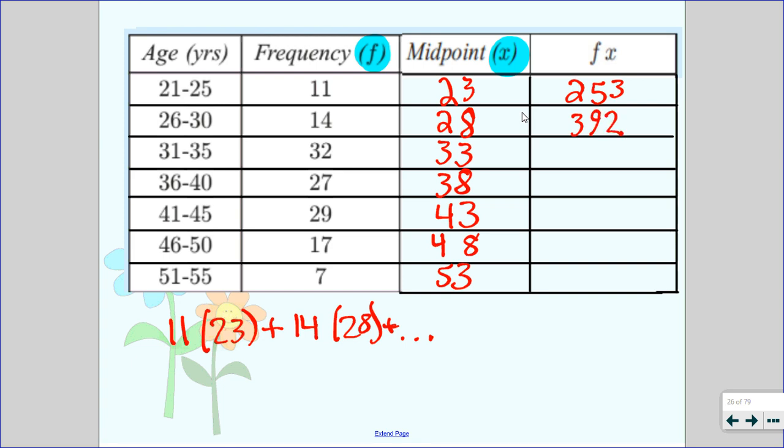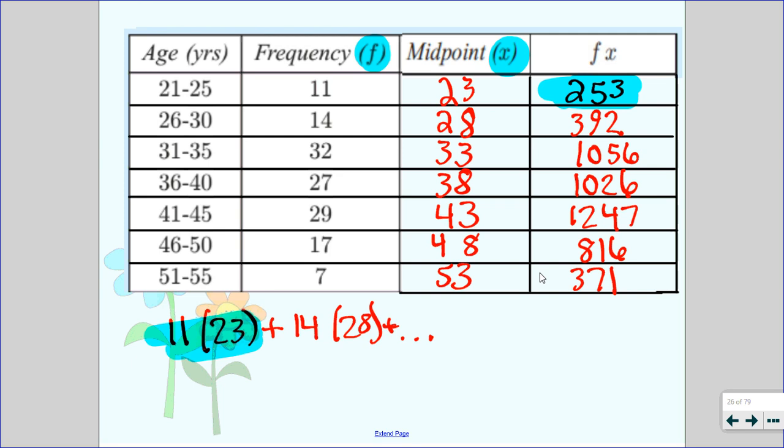Again, this is going to help us find the mean of the data. 32 times 33 is 1056. And then we have 1026 for the next row, 1247, 816, and then 371.